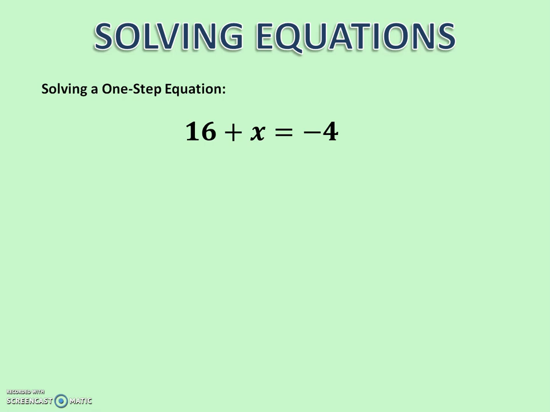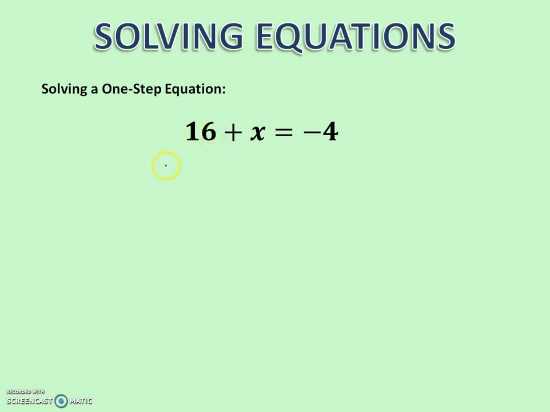Now in order to do that, I like to say we have to undo the operations that are being done in the equation. Let's do this one as an example. We have 16 plus x equals negative 4. Now this is a positive 16 being added to the x, and our goal is to get x all by itself. So we need to get rid of this 16.